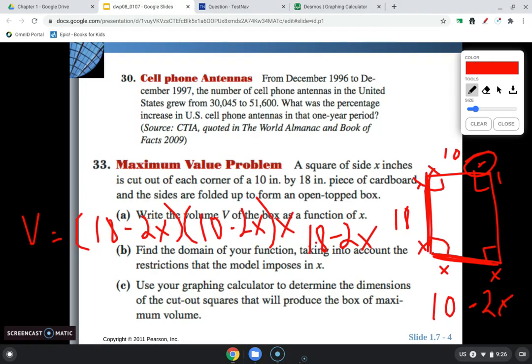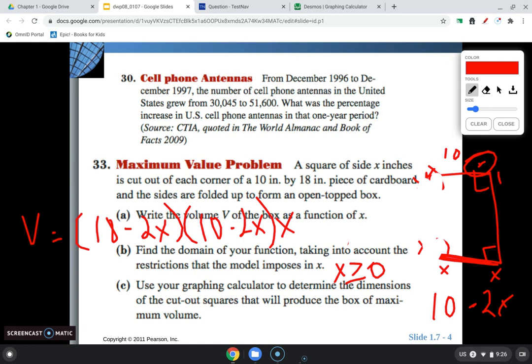Okay? So to find the domain here, well, this is a cubic function. So our domain would be all real numbers, but because we are doing an application problem, we're not going to have a negative value for the height. So we want x to be greater than or equal to 0. We at least want to have something that's a little bit bigger. All right.